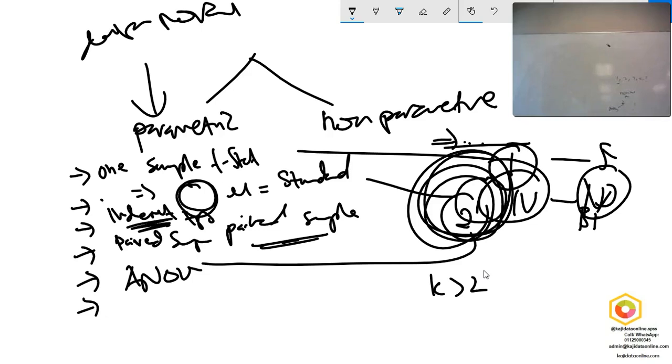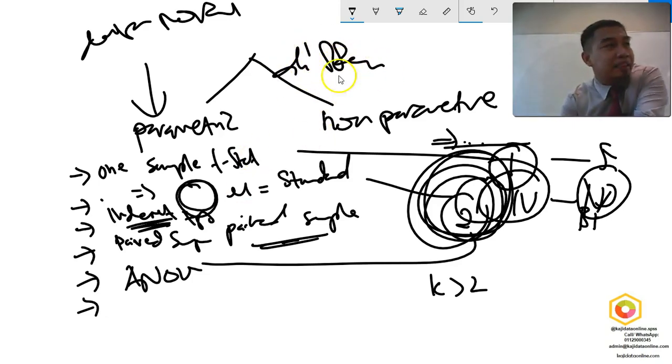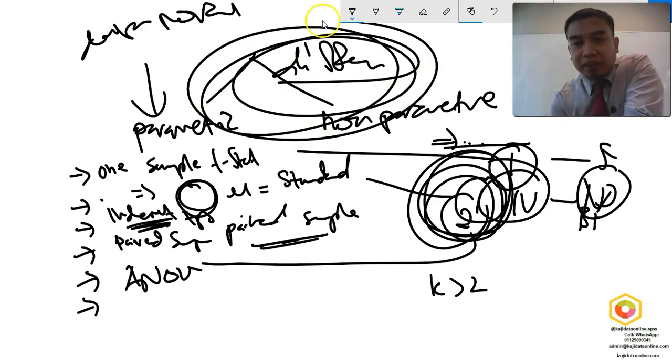Blood pressure is numeric, and the groups must be more than 2. Cannot be 2: two groups is an independent sample, more than 2 is ANOVA. ANOVA stands for analysis of variance. This is all about the differences test. I'm talking about the differences test first.